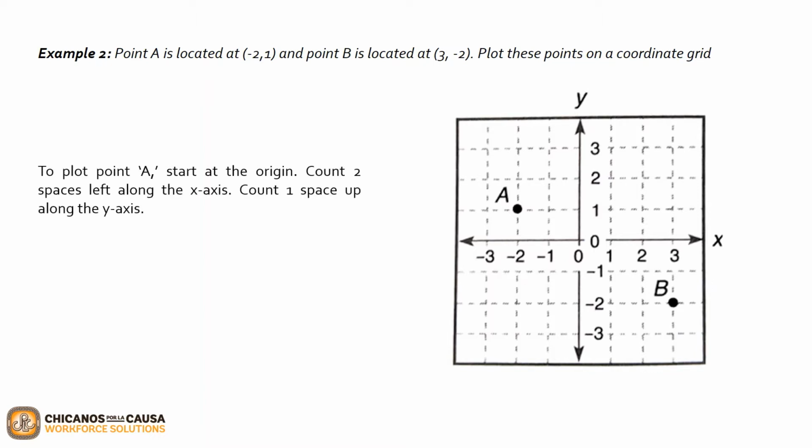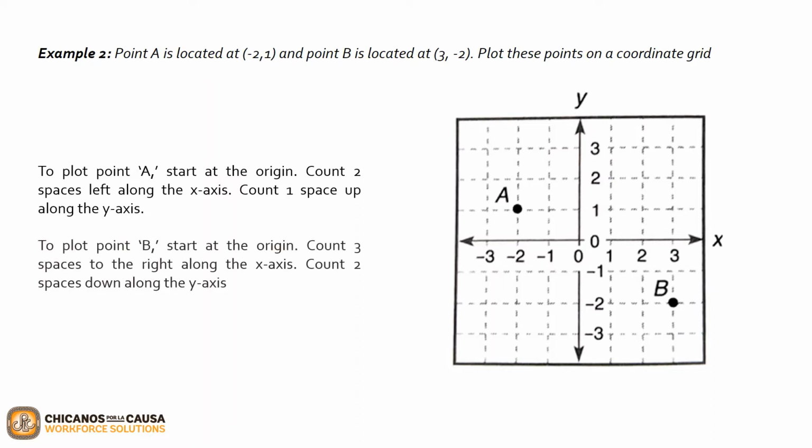To plot point A, I started at the origin, as you always should, and I counted 2 spaces to the left along the x-axis because it's a -2. Then I counted 1 space up along the y-axis as it was a +1. So you can see here, point A is already on the grid.